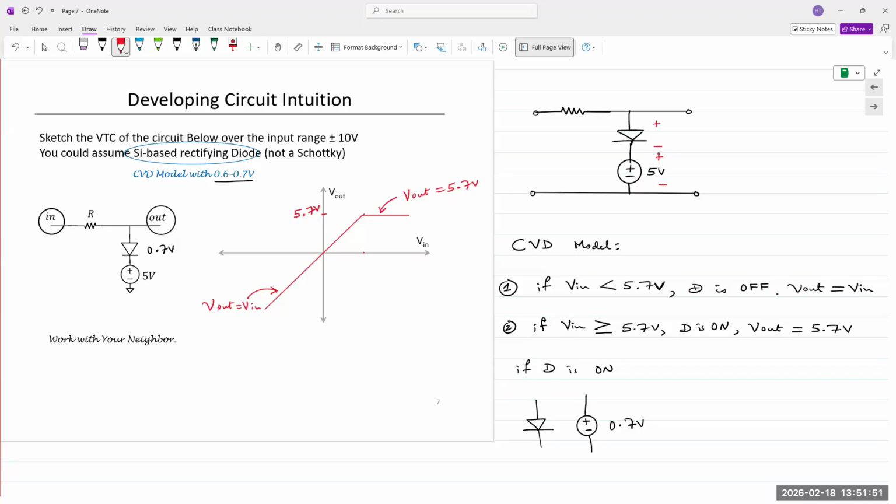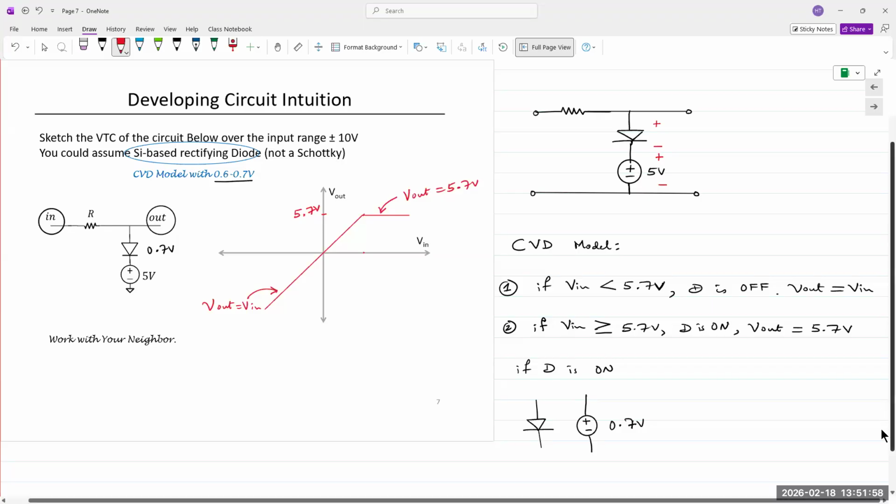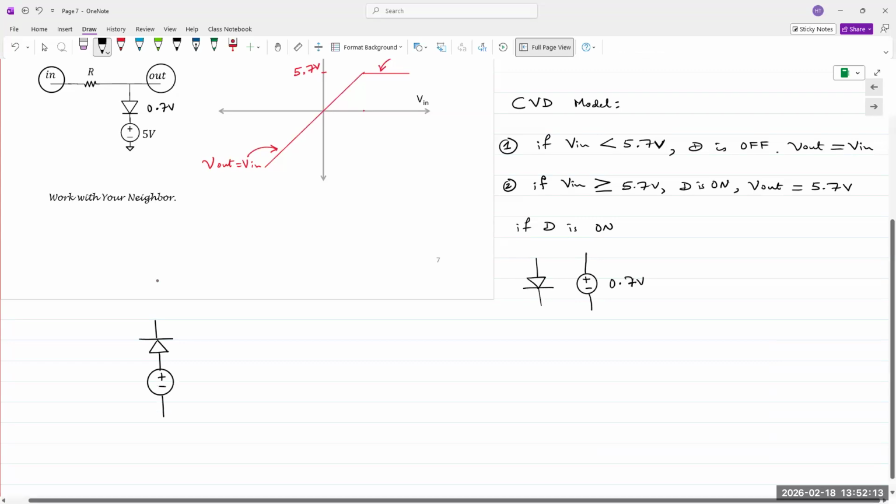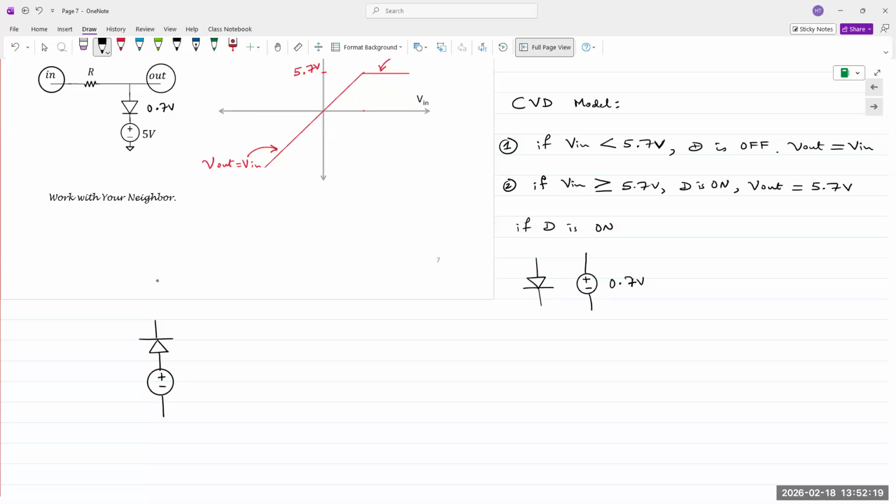If we flip the diode, what would be the voltage required to turn it on? Which I would assign a student practice, but let's say, if it's like this, then what is the voltage at the anode? 5.